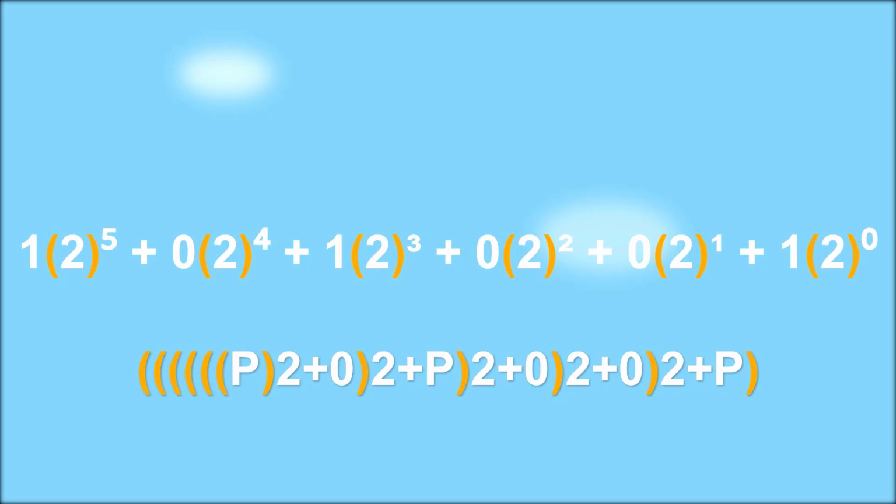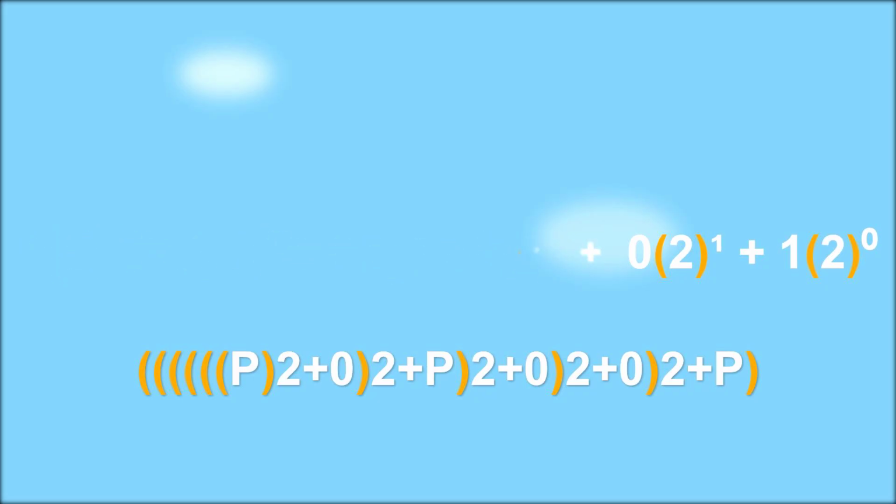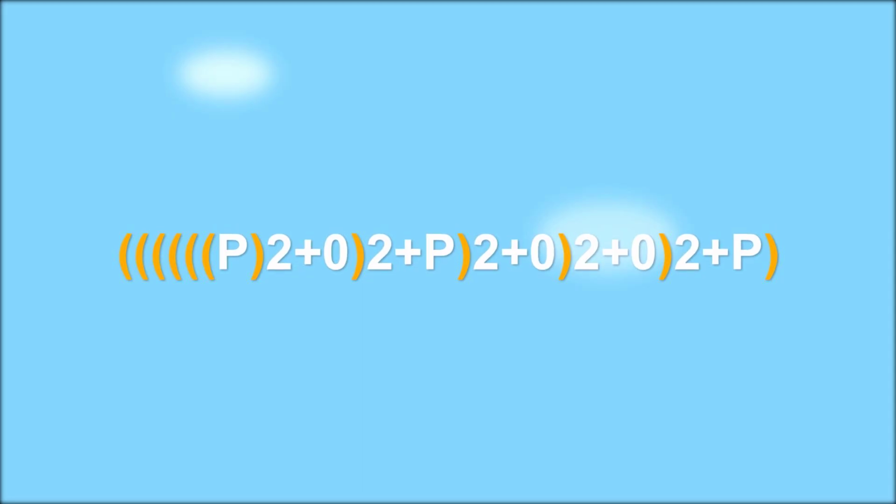In this method, the work depends only on the length of the binary representation, and you double every time you move. You only add a point depending on whether the bit is a 1 or 0, so it depends on the Hamming weight, the number of ones in the binary.